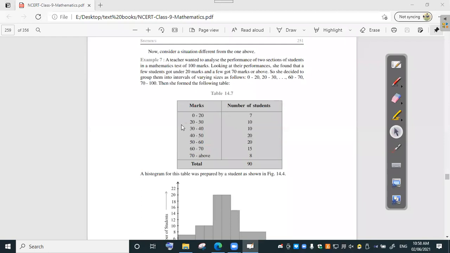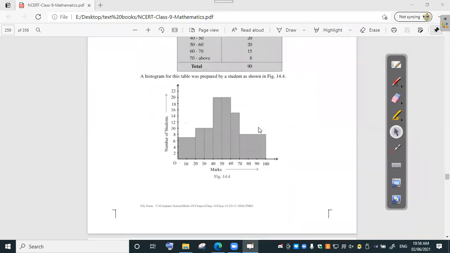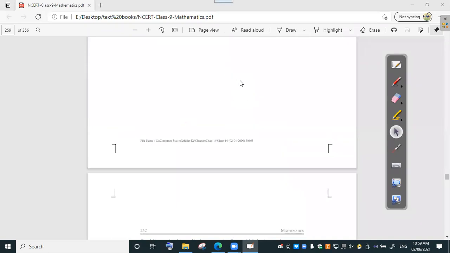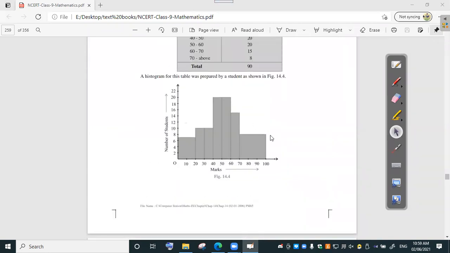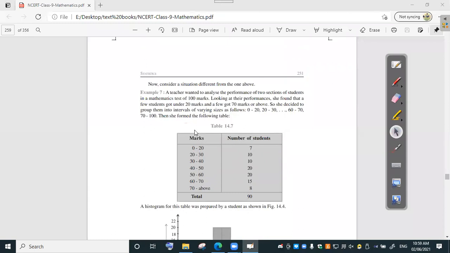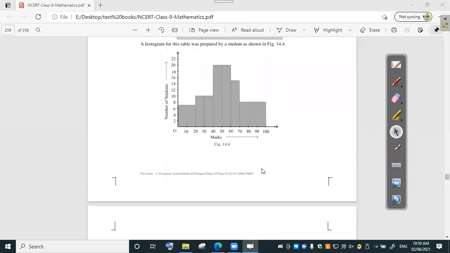If you draw directly from this data, then carefully examine this graph. Do you think it correctly represents the data? No, this graph is not correctly representing the data, because here also 70 to 100 is 8, since the marks are up to 100. So this is not correct.